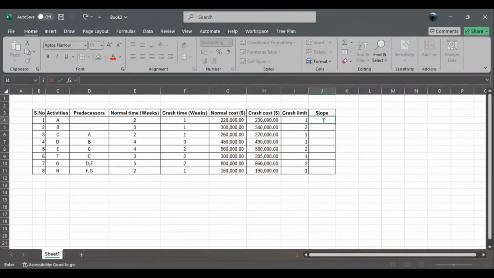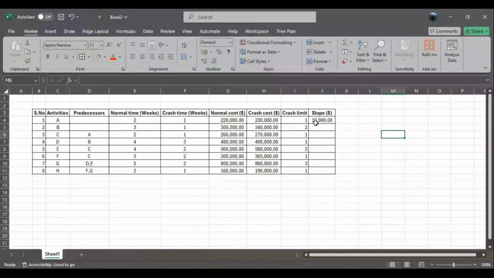If we estimate the slope value for the first activity, it would be like this: crash cost minus normal cost, divided by normal time, which is this cell right here, minus crash time right here. Press enter. What does this 10,000 mean? The value of slope here is in dollars, just like normal cost and crash cost.